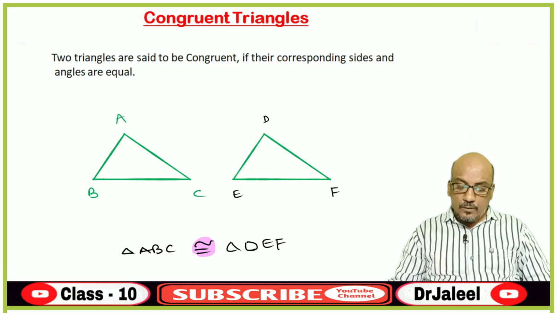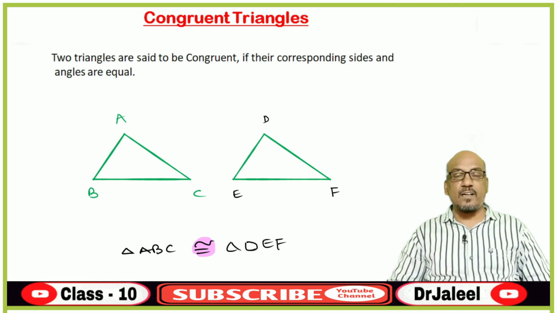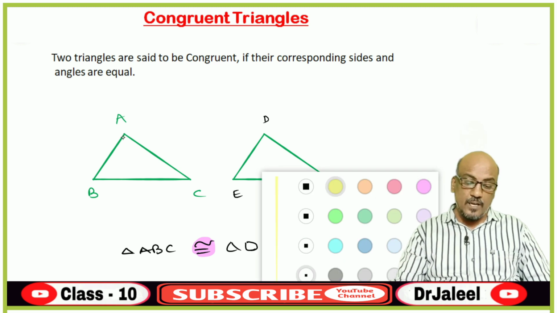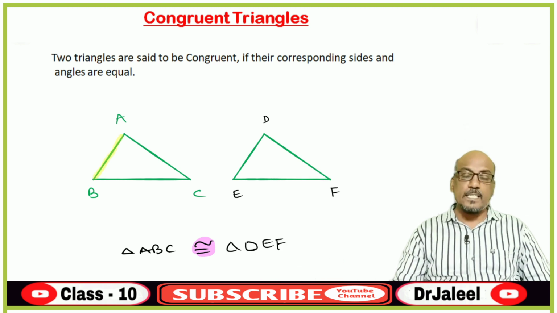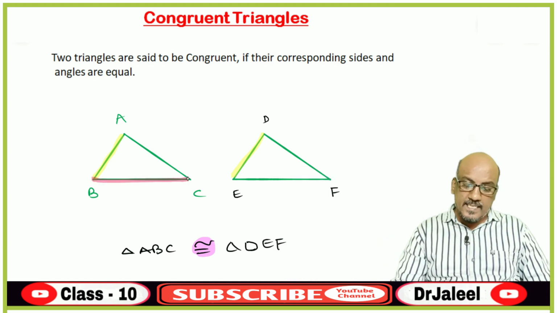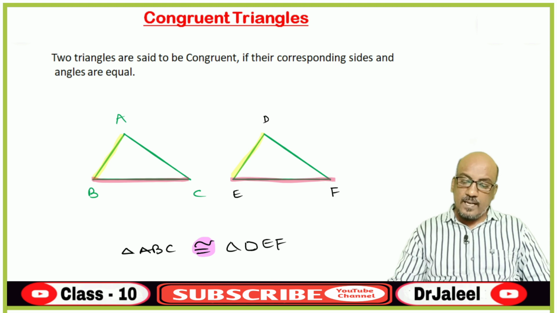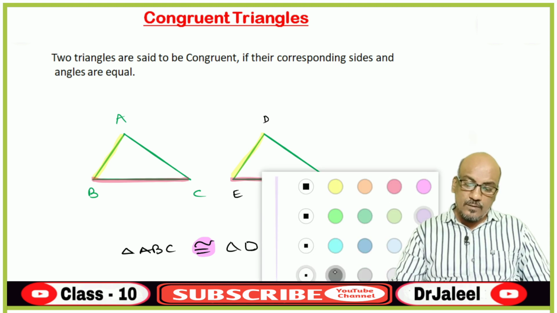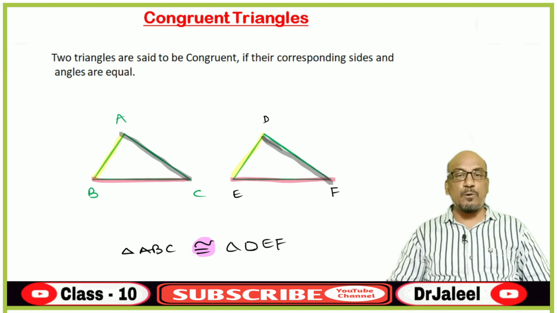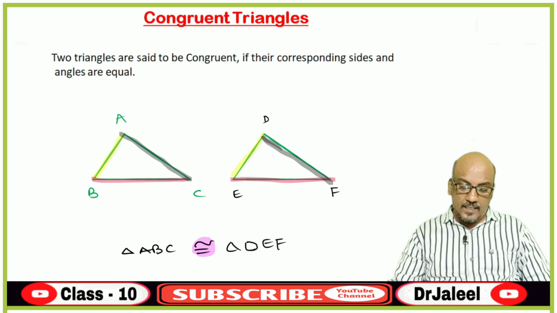So here, when we say that both the triangles are congruent, then the corresponding sides must always be equal. Corresponding sides mean AB is equal to DE, and then BC is equal to EF, and then one more, AC must be equal to DF.